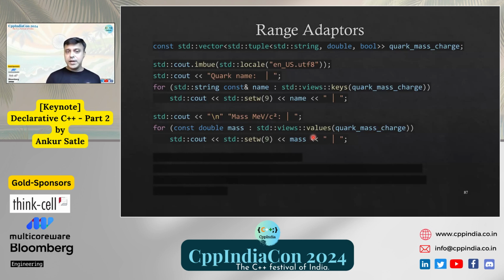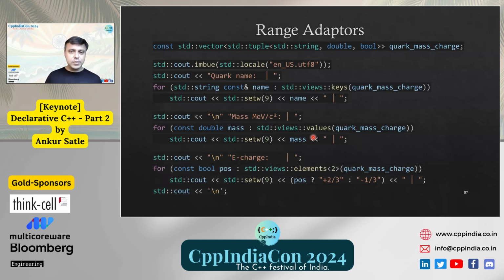And now if you want to see the third one, we have something called elements, to which you can give a constant, and that constant decides what is the index of the element that you're choosing to go through. So again, all these three are very equivalent. This one is picking the first one, second one, and the third one in the last one. And you can expect this to print something nice based on the contents of that vector.